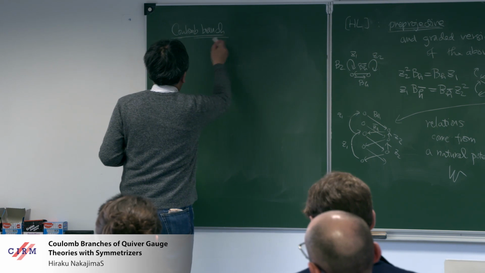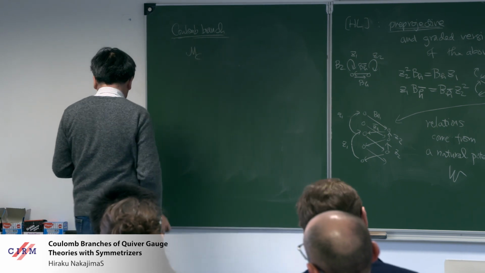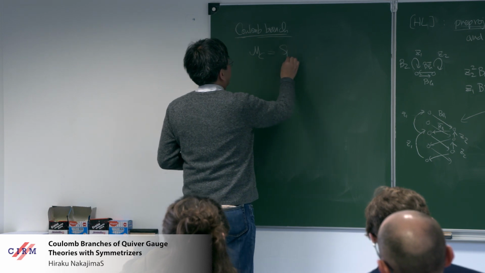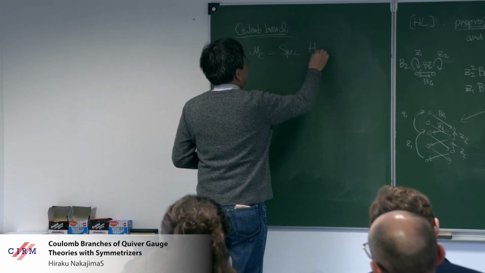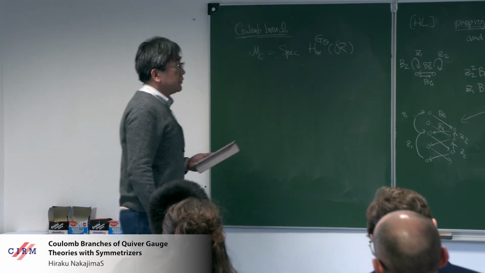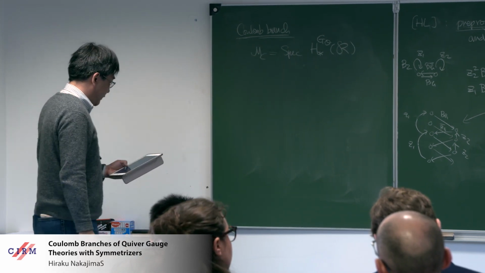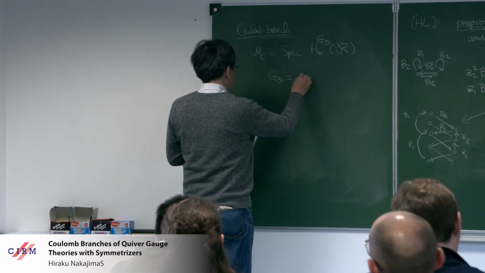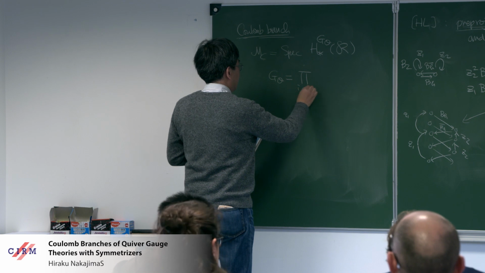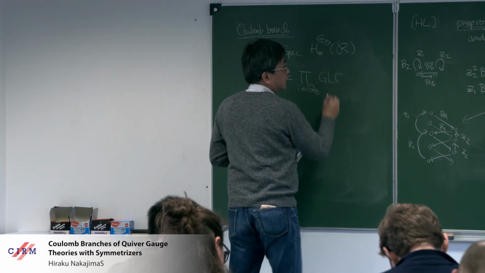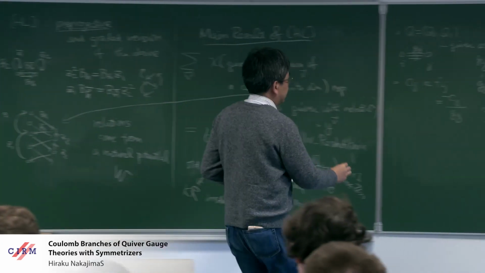So anyway, I define some space, an affine variety, as the spectrum of equivariant Borel-Moore homology of some space, as in the usual case of the Coulomb branch. And here G_O is the product over Q_0 of GL.